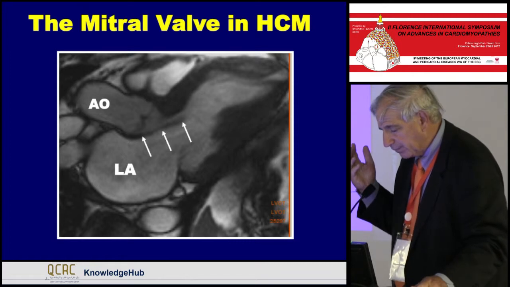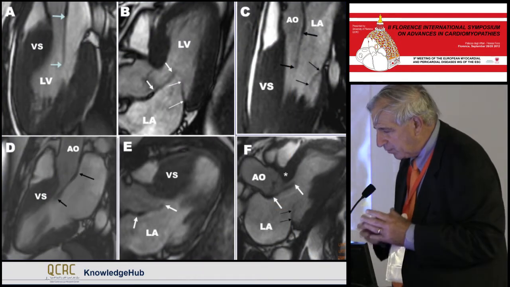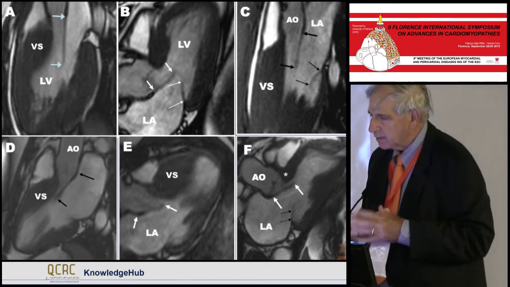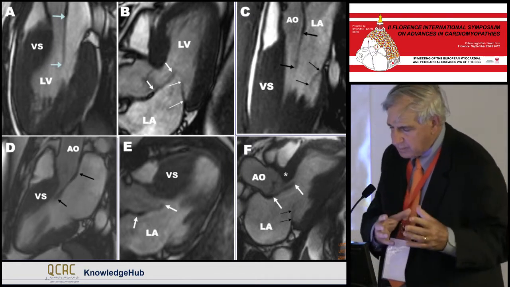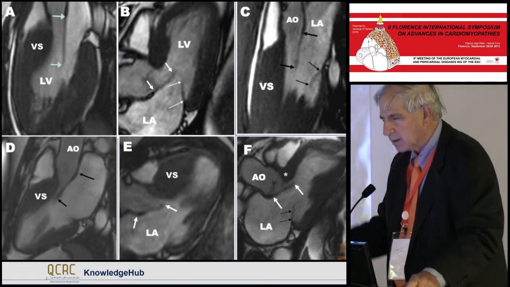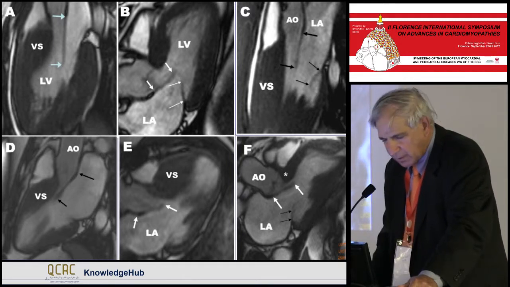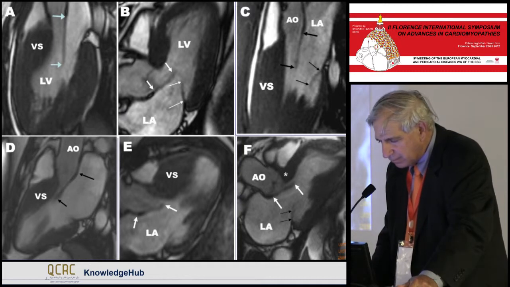The mitral valve is part of the primary disease state. So this is a disease of the sarcomere, but that doesn't mean that there are not non-sarcomere components that are part of hypertrophic cardiomyopathy. There could be greatly elongated anterior, posterior leaflet.